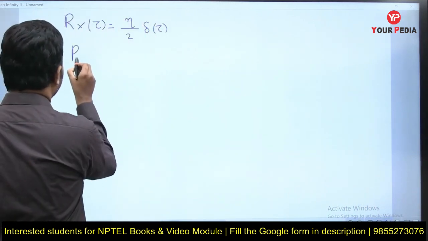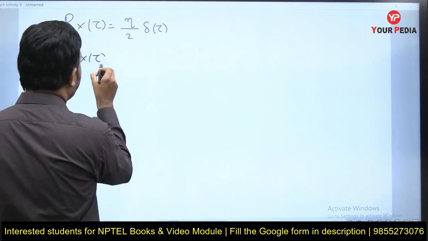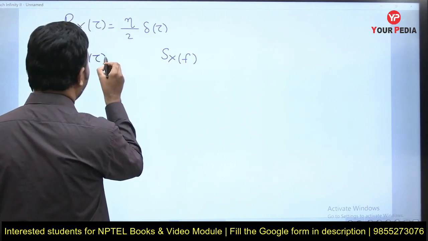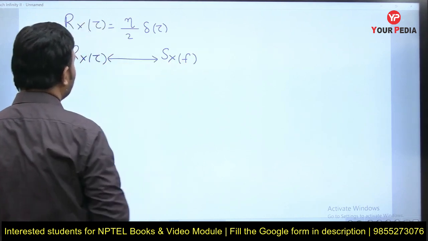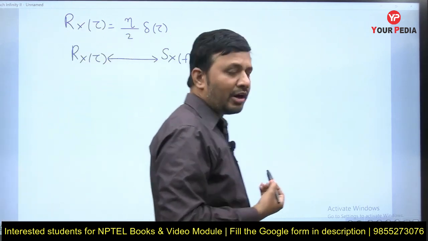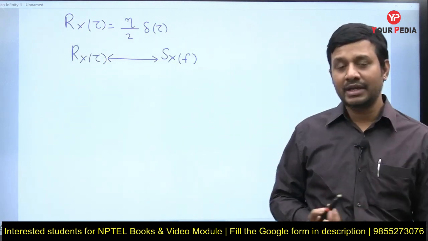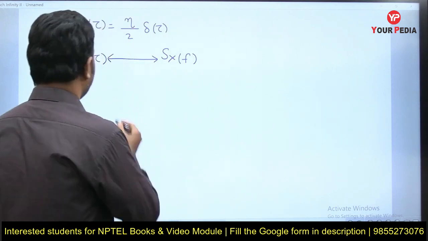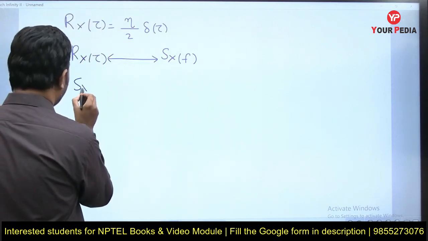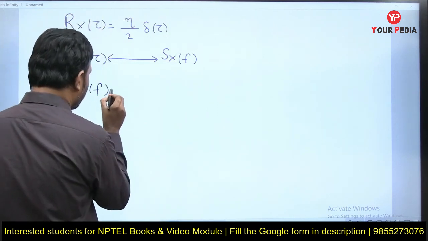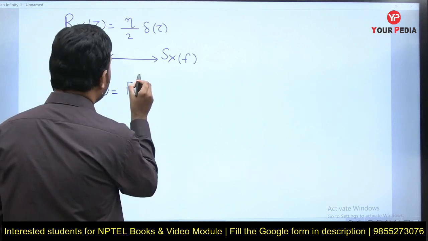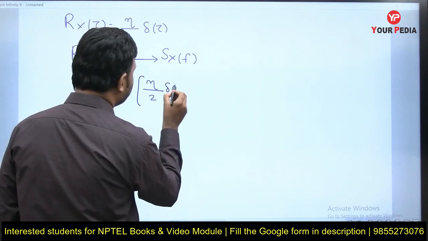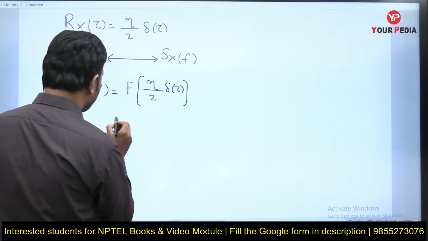Fourier transform of autocorrelation gives power spectral density, and inverse Fourier transform of power spectral density gives autocorrelation function. So Sx of f, the input power spectral density, is the Fourier transform of the input autocorrelation function.